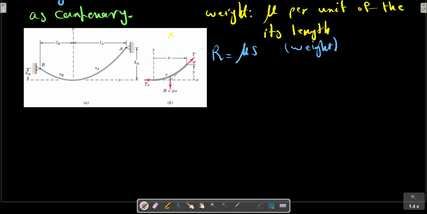We had before that the equation for the cable shape can be calculated from this relation.